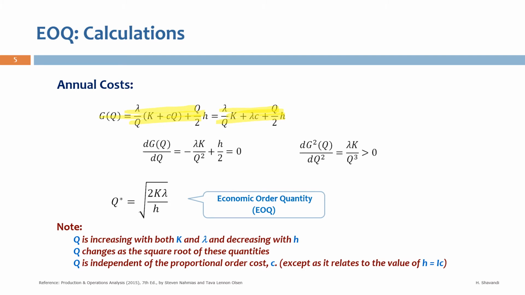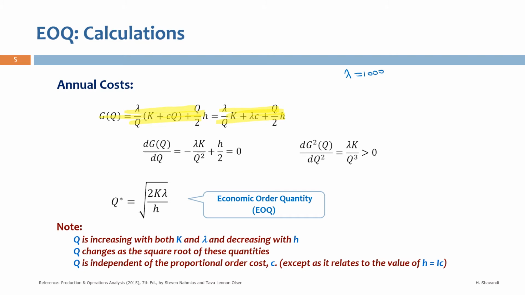Let's see what these terms are. Lambda over Q. What's lambda over Q? Lambda is our demand per year. Let's say it's 1,000. Let me write it here. Let's assume that lambda is 1,000.